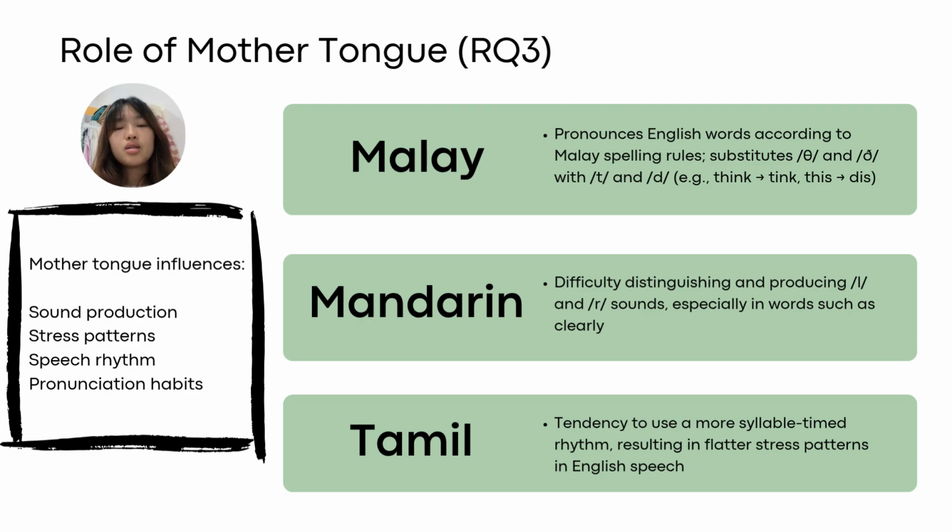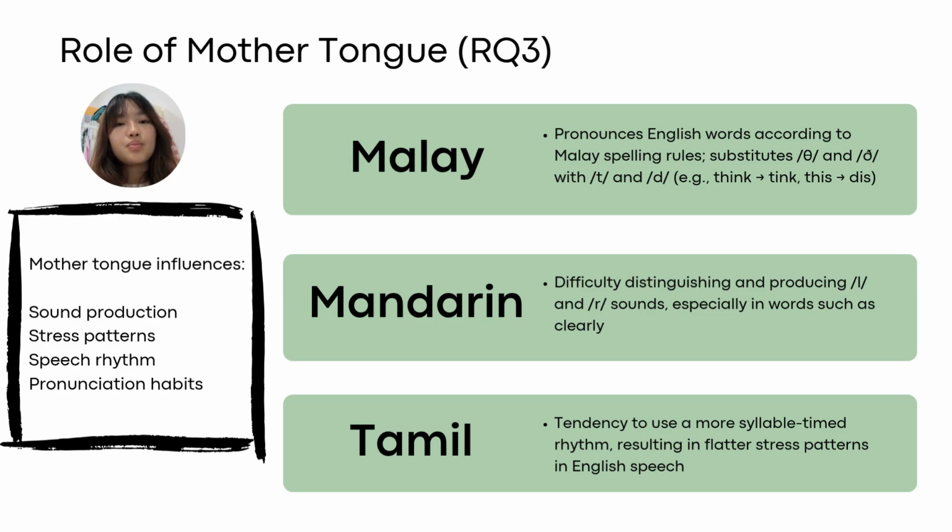Because sounds such as this consonant do not exist in Malay, words like think and this may be pronounced as tink and dis. Second, participant B, a Mandarin speaker, experienced difficulty distinguishing and producing the English liquid consonants L and R. The participant specifically mentioned having difficulty pronouncing words such as clearly.